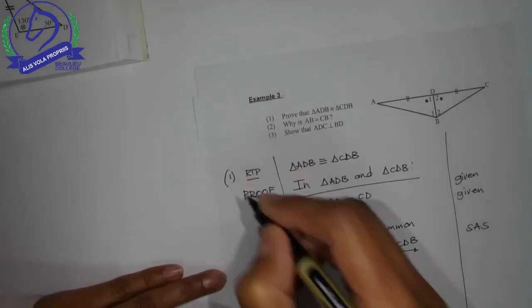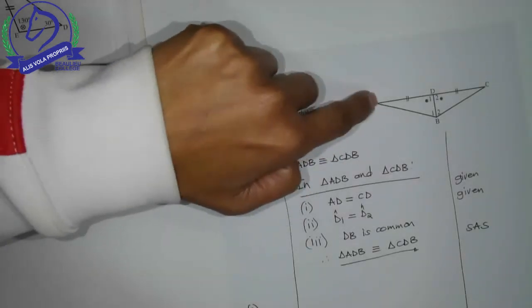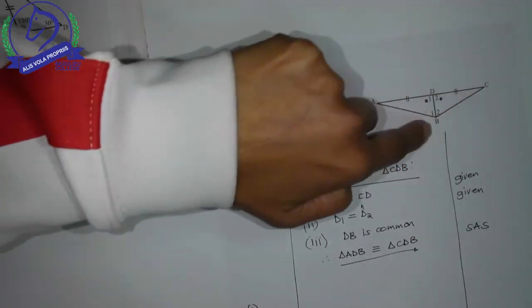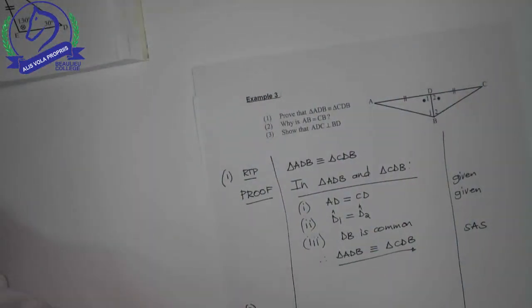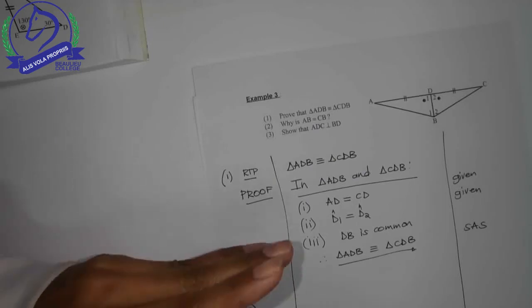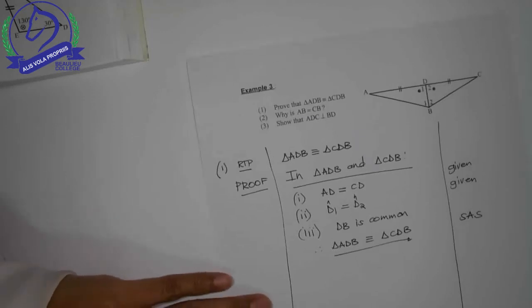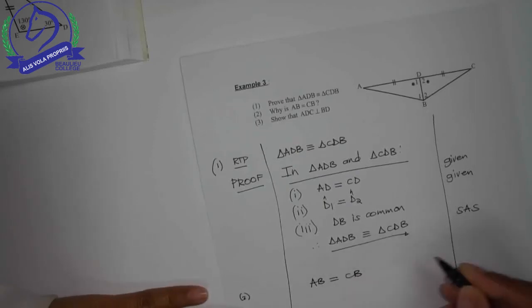Question 2. What does question 2 want? Why is AB equal to BC? So now that is the remaining side of the 2 triangles. Remember, congruency proves identical triangles, which means that all the corresponding angles and sides will be equal to each other. So why is AB equal to CB?